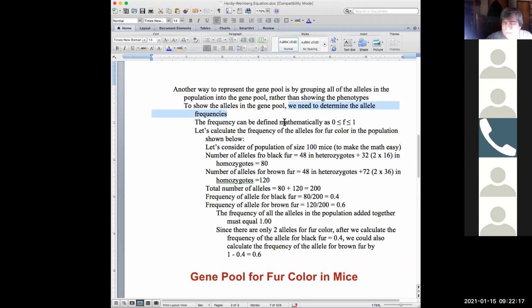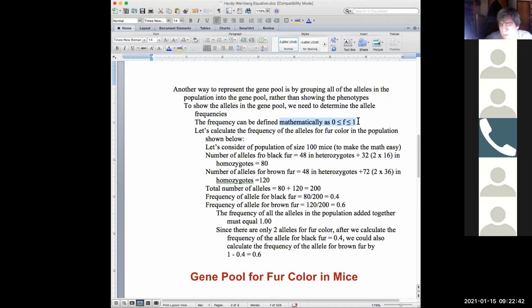When we talk about the frequency of an allele, mathematically, the frequency is between 0 and 1. So it can't get smaller than 0, it can't get bigger than 1. The reason is because 0 and 1 you could think of as being percents. 0 is 0% of the population.